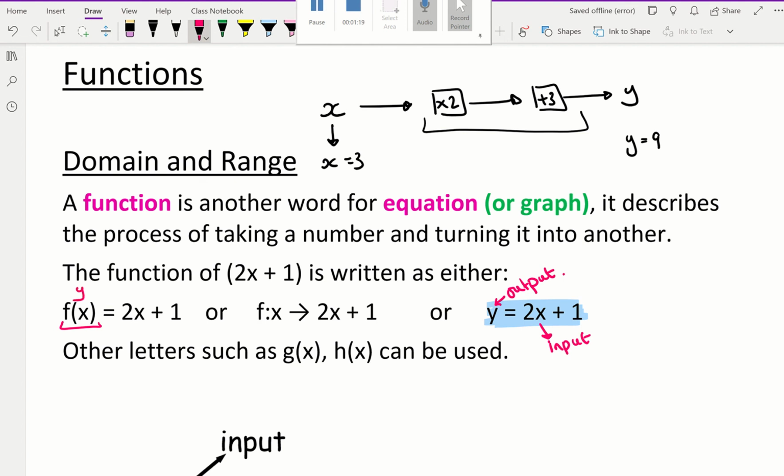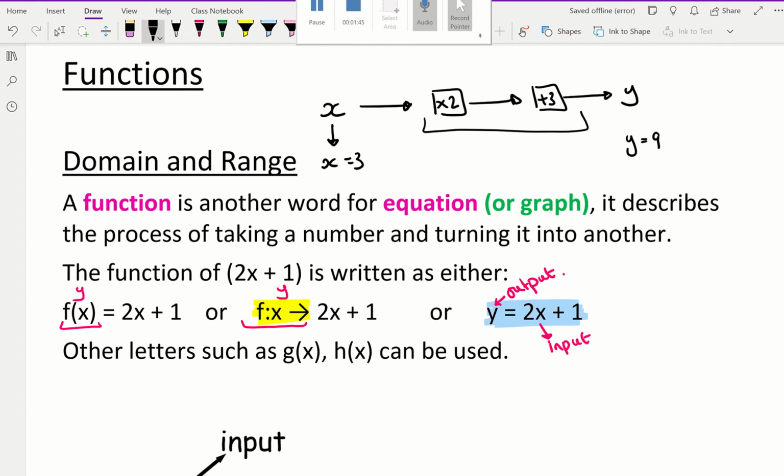And again, you've seen that before on your calculator when you were plotting graphs on the table mode function on your calculator. And the third way that you could write a function is this. F semicolon x and an arrow. Again, this is talking about the output.